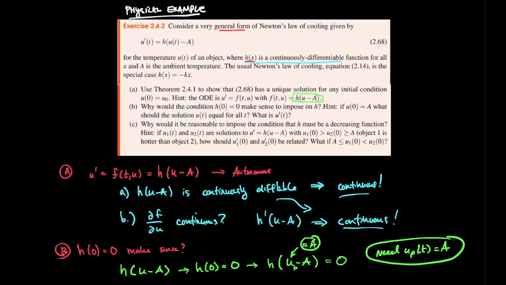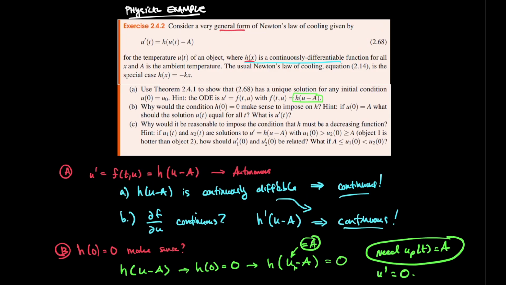And so it's going to pass through here, and we know that u prime will be equal to 0. And that should make a lot of sense too, because it's not going to be changing temperature if it's staying at the ambient temperature. It's going to follow the temperature of the room or the outdoors, whatever that might be. Okay. Does that make sense? So h of 0 has to equal 0 here.